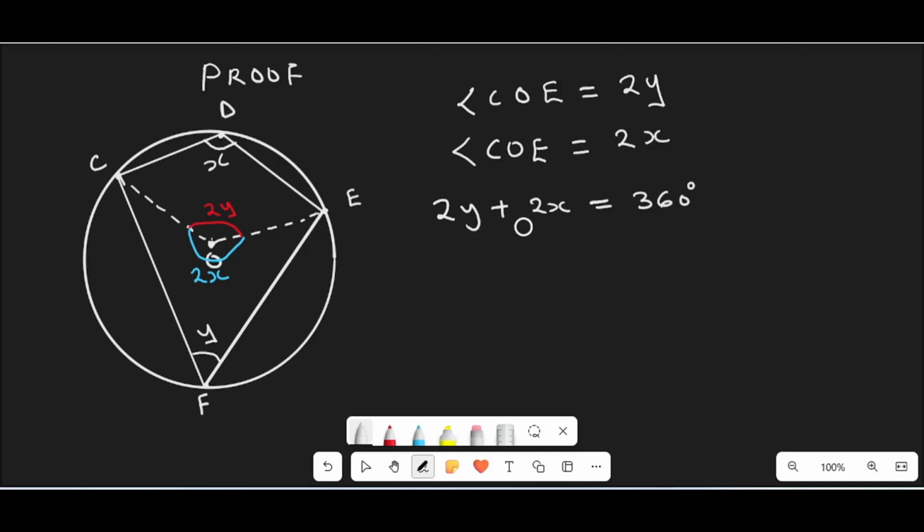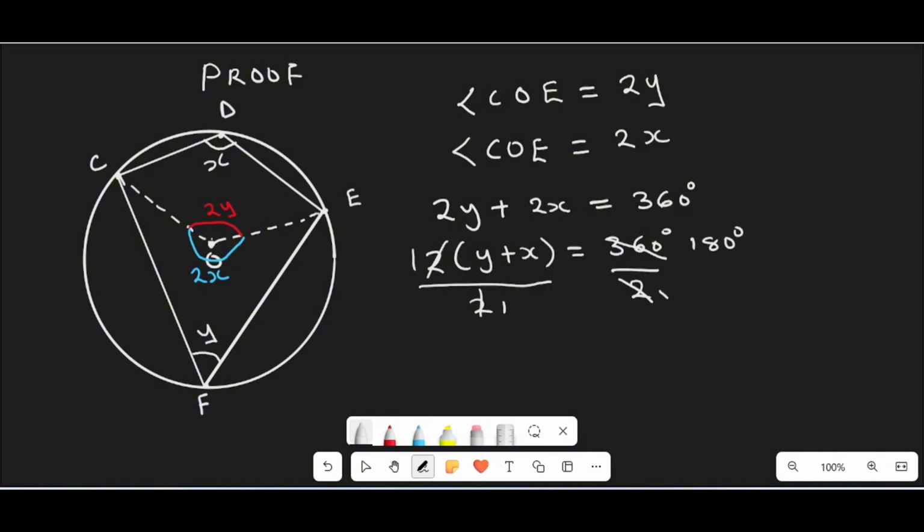Let us factor 2 out of the left hand side. 2 bracket y plus x equals 360 degrees. Divide both sides by 2. 2 over 2 is 1, and 360 divided by 2 is 180 degrees.